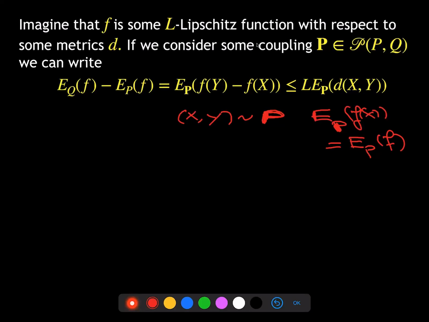So if the function is Lipschitz, you can bound now the difference between f at point y and f at point x by the distance between x and y.